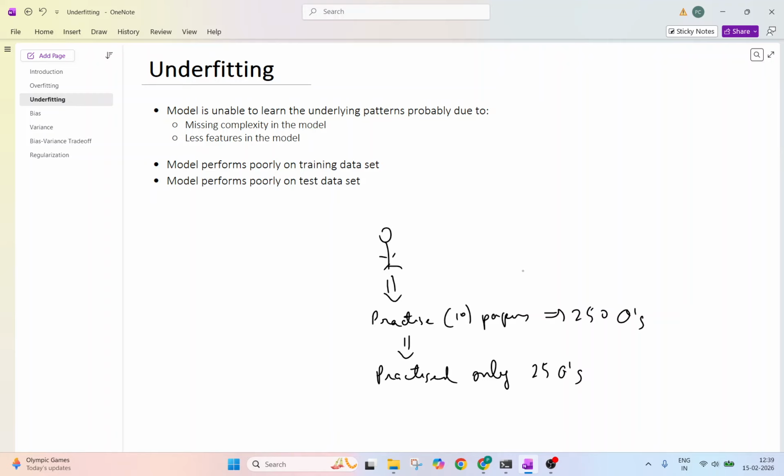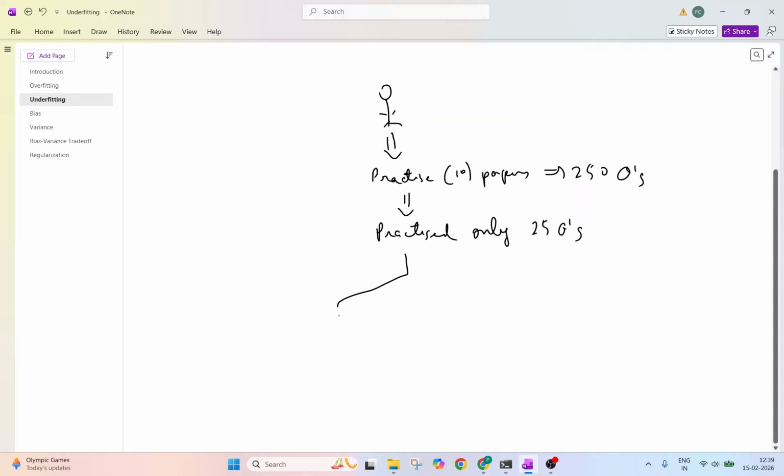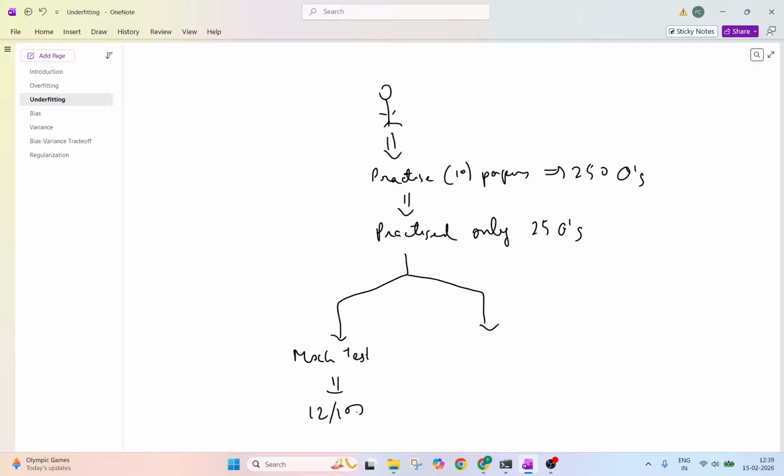Now, what would happen is, you will still score poorly in the real exam. But in addition to it, you will also score poorly in the practice paper. So in the mock test, here also you score poorly. Let's say you score around 12 out of 100. Why?